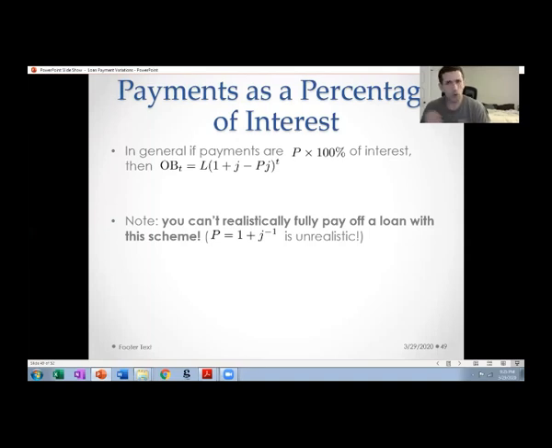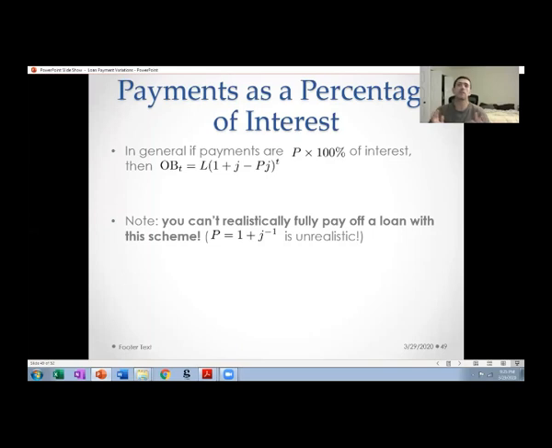Now, why do I say this is unrealistic? Well, for J equal to 0.07, the example I had a second ago, that means P would be roughly 15.29. So that means you're paying, at the end of the first period, 1,529% of interest.